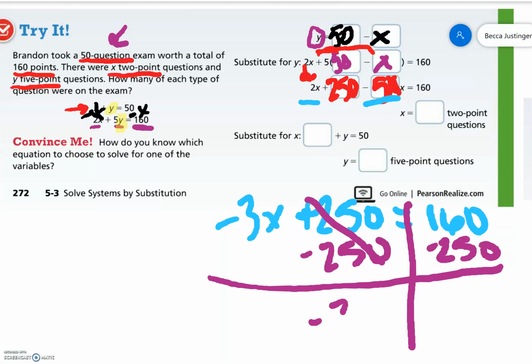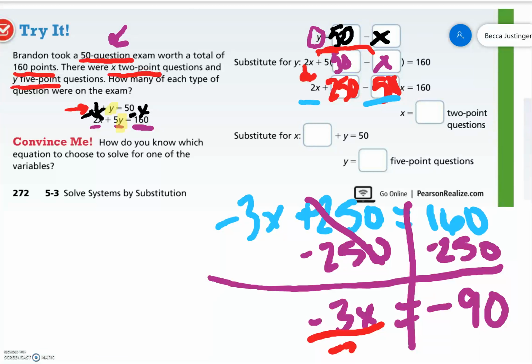This cancels out. I get negative 3x equals, looks like negative 90. Divide by negative 3 on both sides. This cancels out. X equals 30.